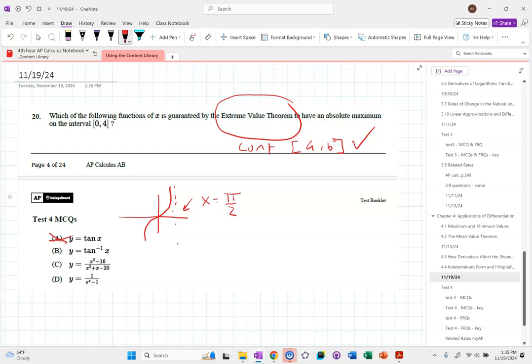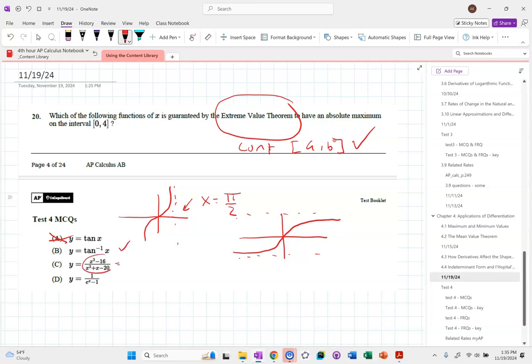Tan inverse. Is tan inverse continuous from 0 to 4? What does the graph of tan inverse look like? Looks like that, right? So that one should be good.